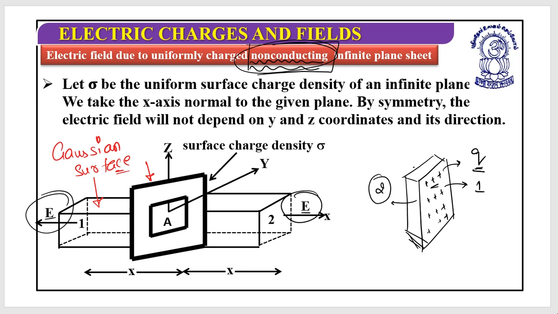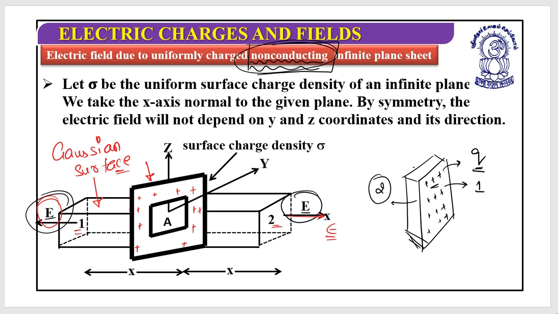It's a cube kind of thing, but you cannot call it a cube because it is not a perfect cube, so we technically call it a pillbox. Here it is having charges, and here also. If I draw the diagram, for this surface the electric field would be moving in this direction, and for this surface, the electric field will be moving in this direction. Okay, are you done with this?